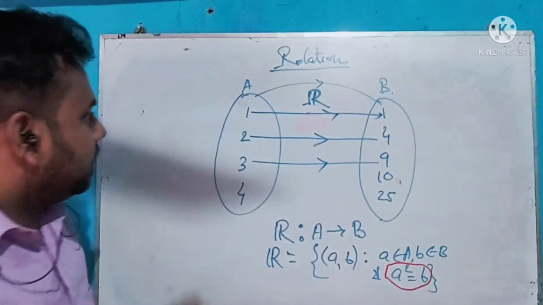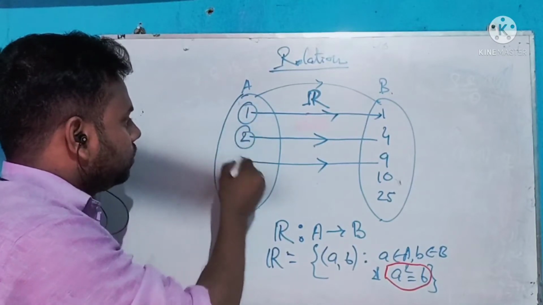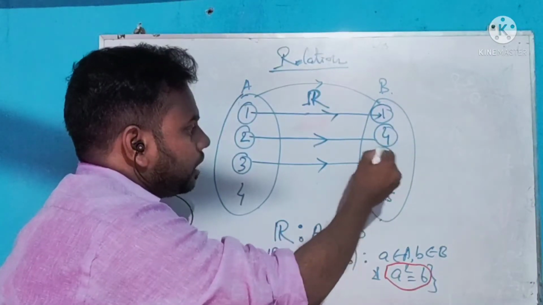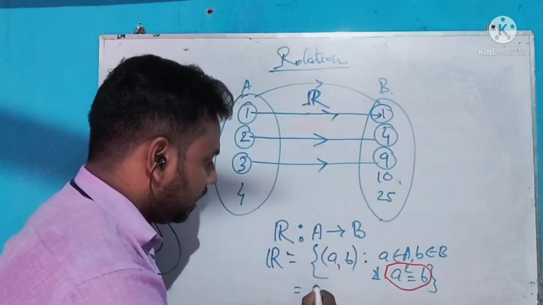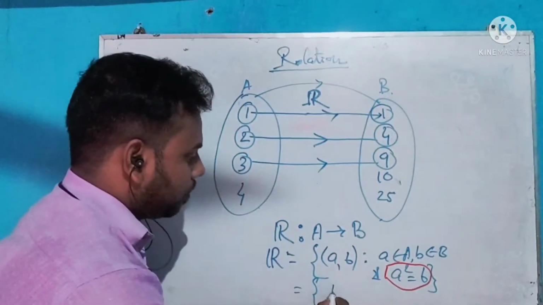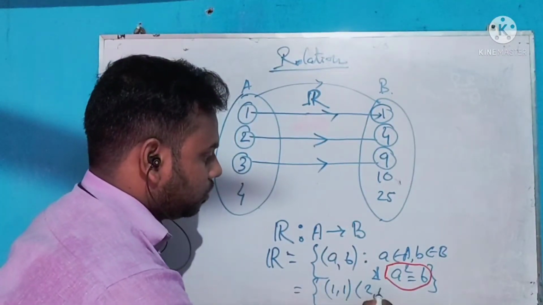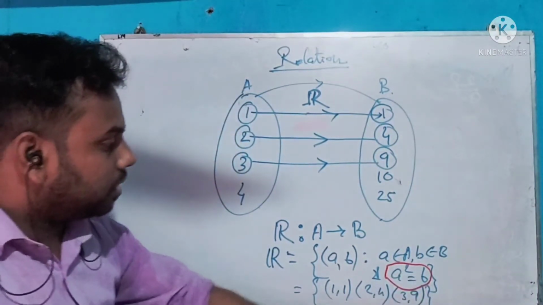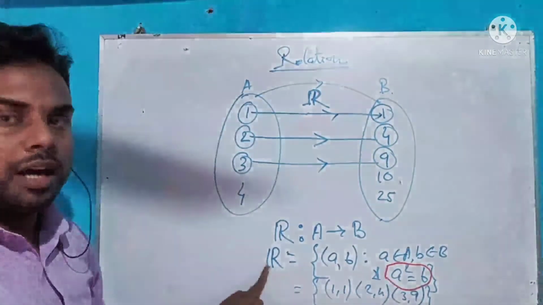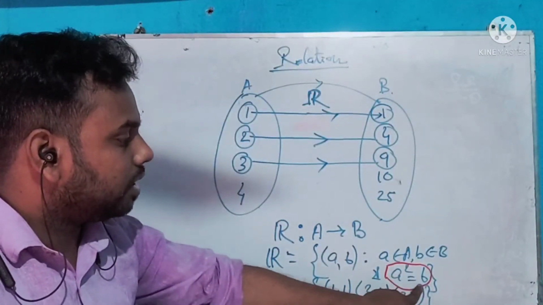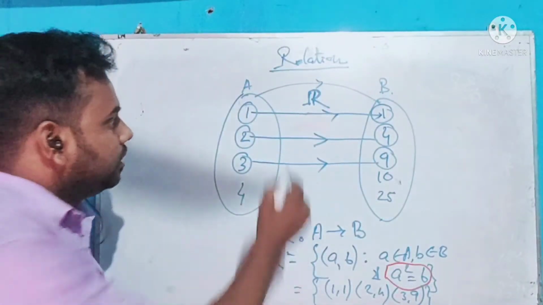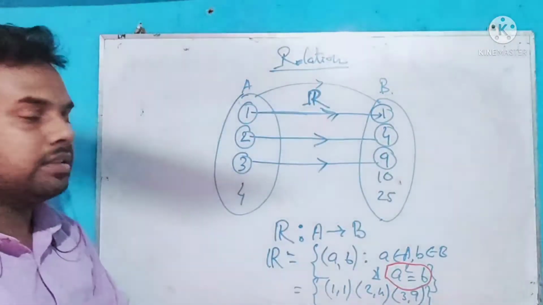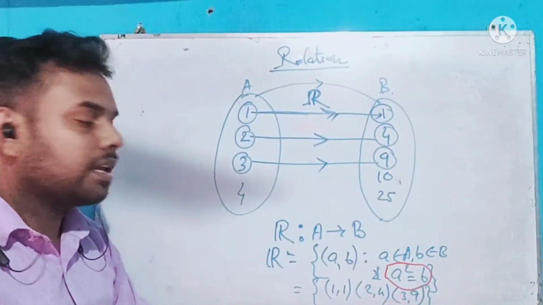So in set A there are 3 elements, 1, 2 and 3, which are related to set B's elements 1, 4 and 9. So the elements of R are (1, 1), (2, 4) and (3, 9). These are the ordered pair elements of relation R. The relation is a square equal to b. In this way the elements of set A are related to elements of set B. So this defines a relation.